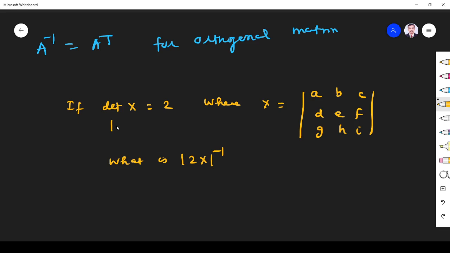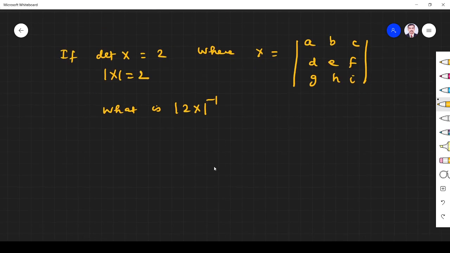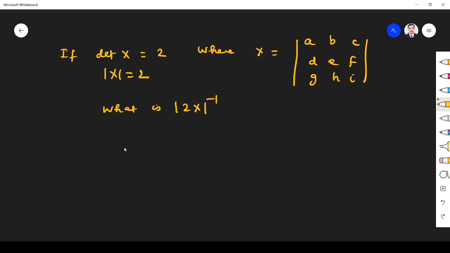They give determinant X is equal to 2, and what they ask is 2X inverse. So the determinant of 2X inverse I can write as 1 by determinant of 2X.